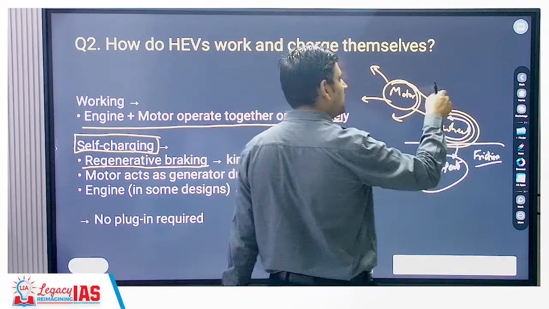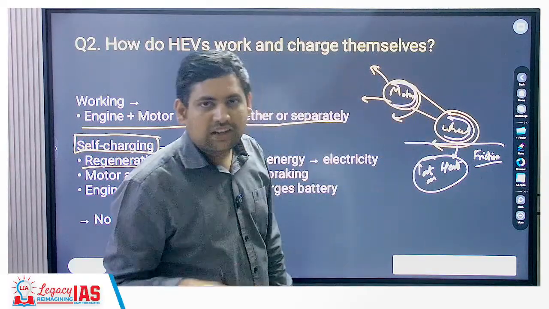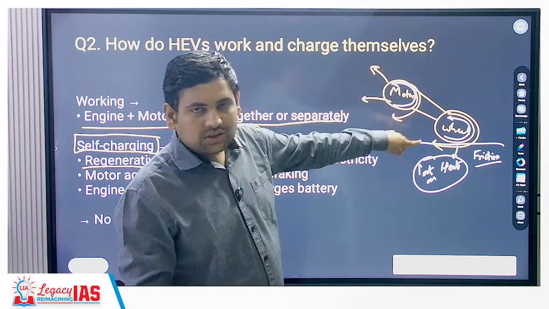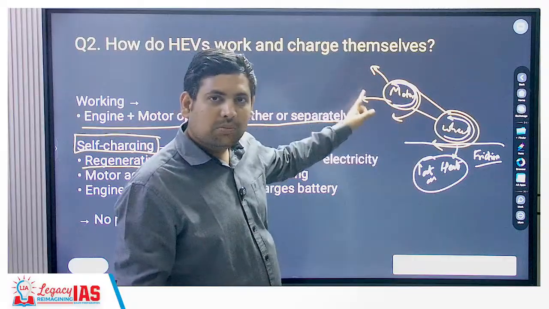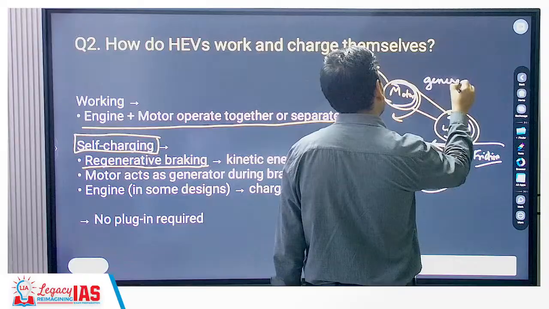So it starts moving in the opposite direction. Now if this is moving in the opposite direction, the motor also starts moving in this direction, and in this time this motor, from something that was turning the wheel, now the wheel is turning the motor, and this motor starts acting like a generator.